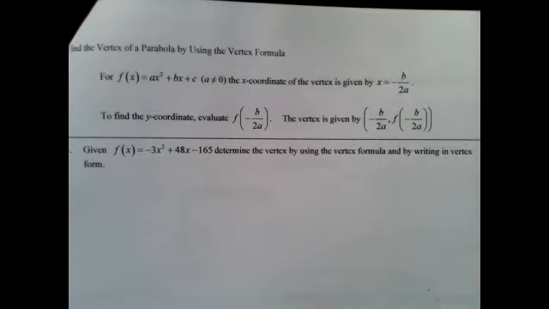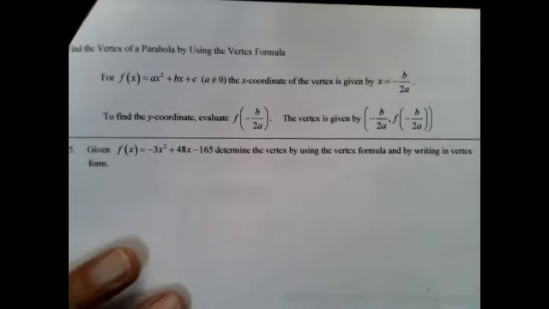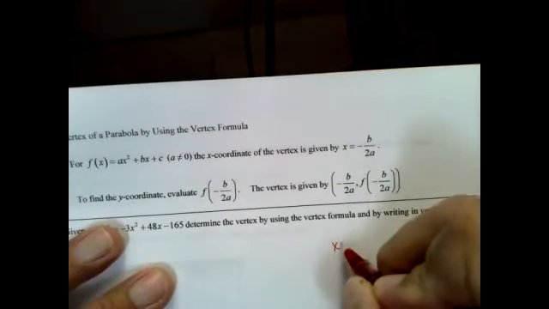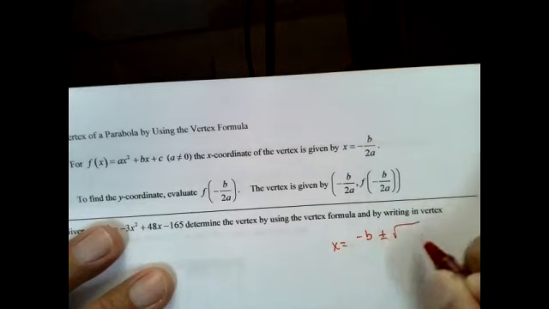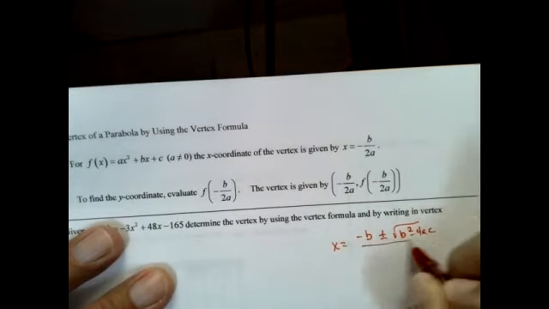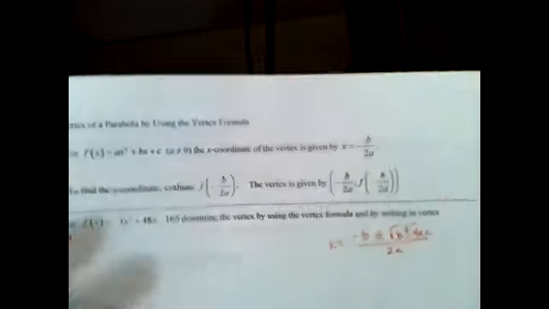Well, let me try to put this in better lingo. If I go back to this fella, x equals negative b plus or minus the square root of b squared minus 4ac all over 2a.